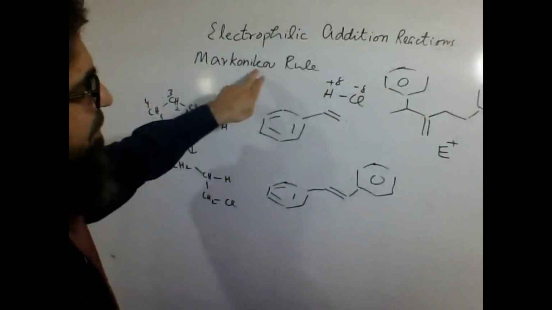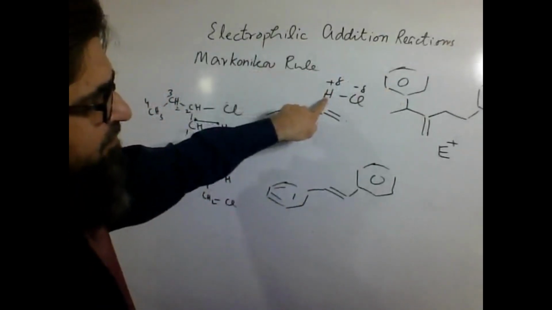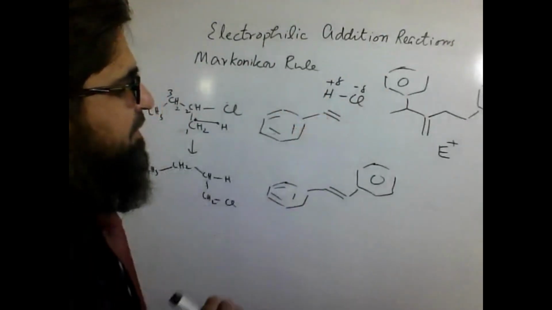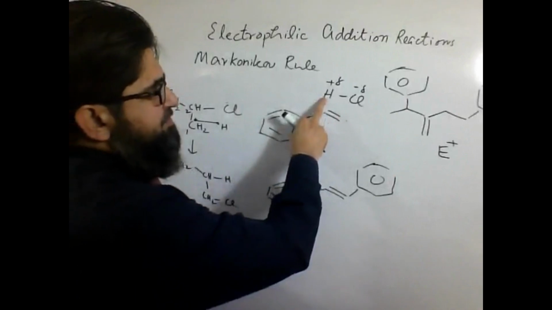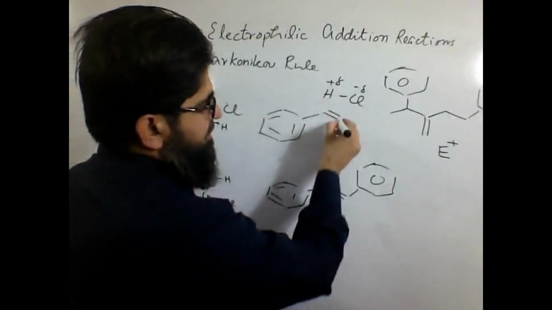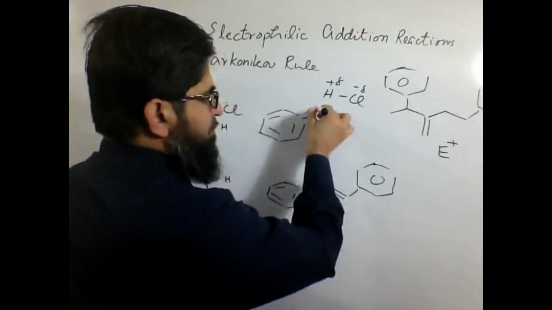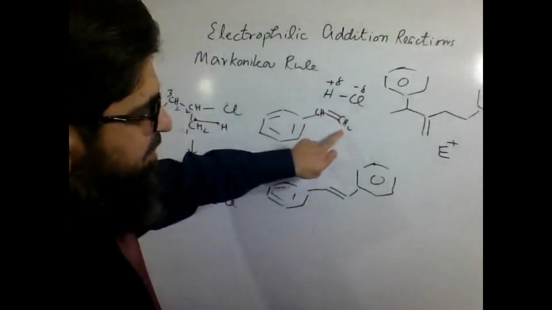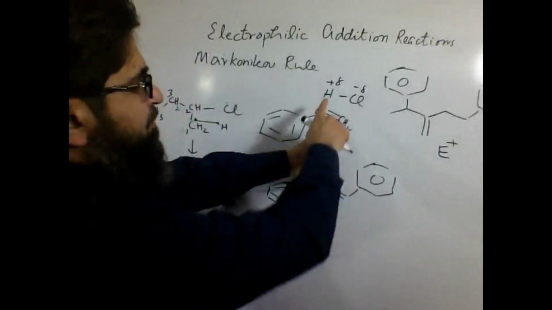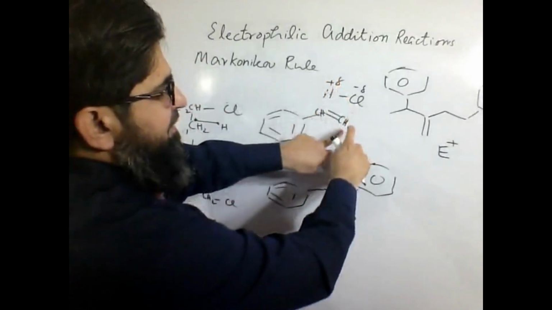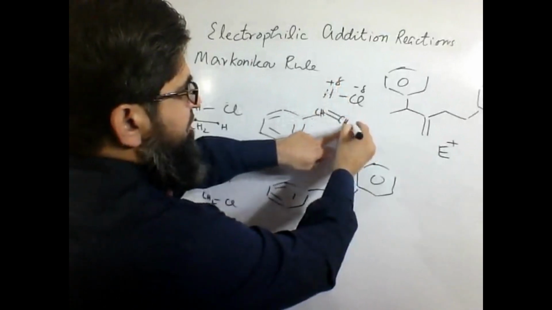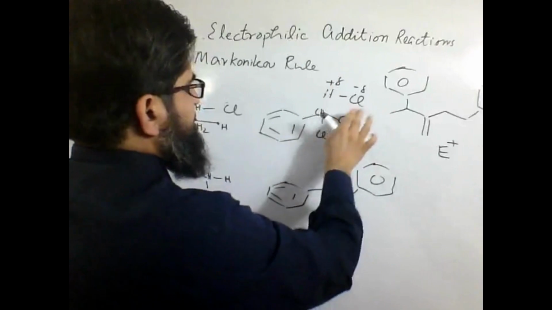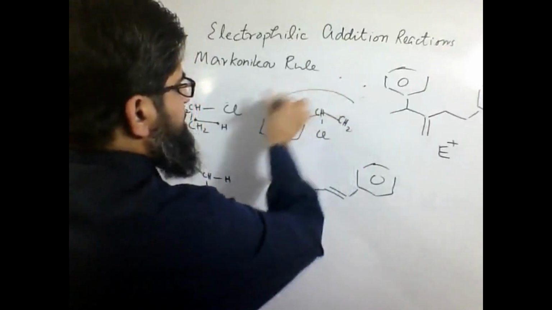According to the rule, the positive part, meaning the electrophile, will come to that carbon, of the two carbons involved, which carries more number of protons. Let's say it is CH2, over here it is CH. So which carries more protons? This carbon carries more protons. So the positive part, meaning the electrophile, will attack over here. It will become CH2 and this will become Cl. So this will be the product, you got my point?